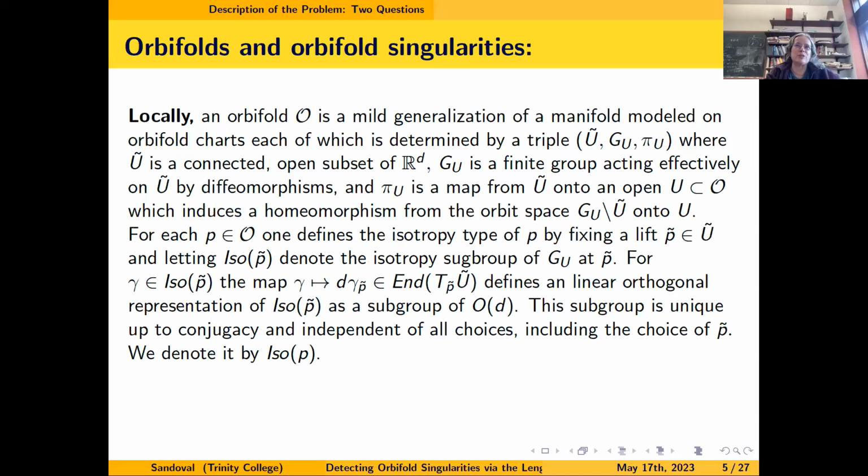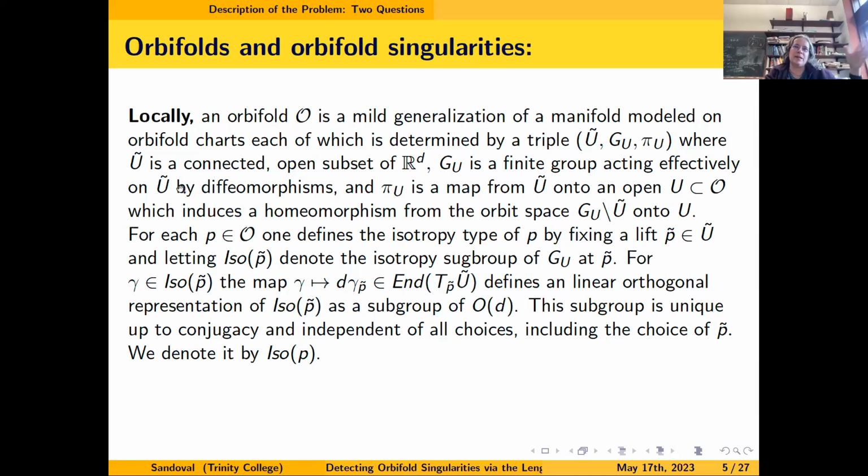For each point in the orbifold, you can define the isotropy type of that point by fixing a lift p̃ above your point in the orbifold and letting the isotropy group Iso(p̃) denote the isotropy subgroup of G_U at p̃. It turns out everything is independent of choices, so we can denote that isotropy group just by Iso(p).